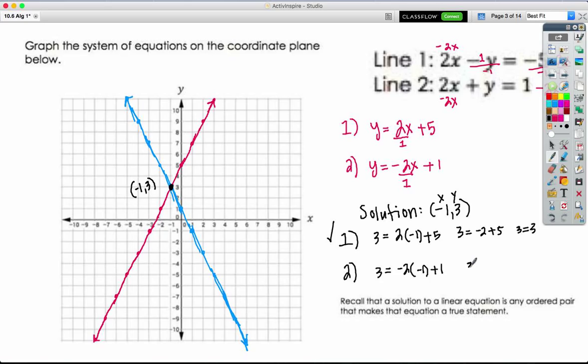So 3 equals 2 plus 1. 3 equals 3, it works in the second one. So if they ever give you some ordered pairs and ask if it is a solution to the system, you must be able to plug that ordered pair into both equations, and it has to make both equations a true statement.